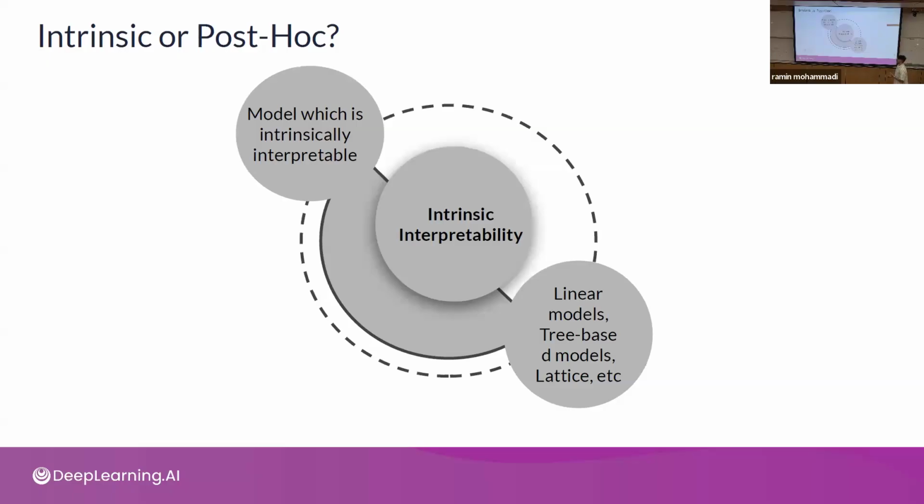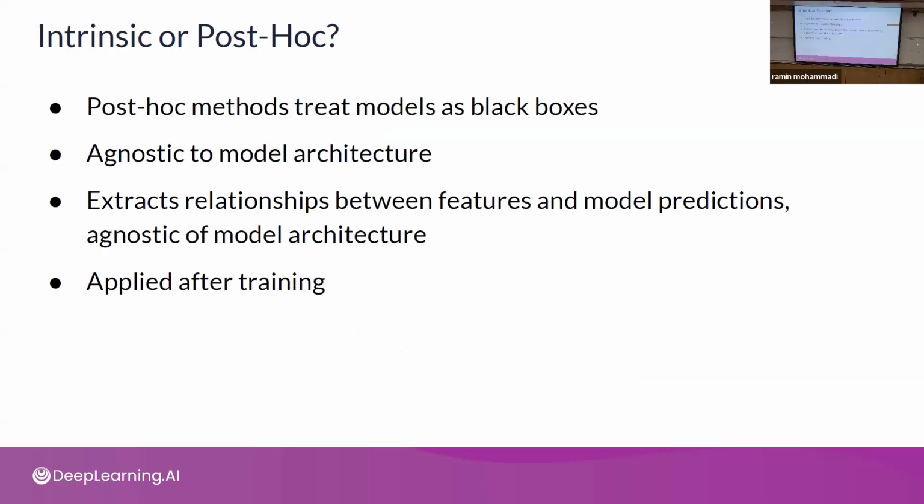Now, when it comes to intrinsic or post hoc, overall we have certain models that are intrinsically interpretable. They're interpretable by nature. Those are linear models, tree-based, lattice, and those are by nature interpretable, right? And post hoc methods, on the other hand, don't care about how the model works internally.